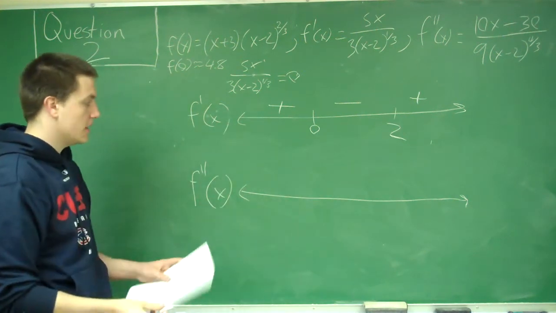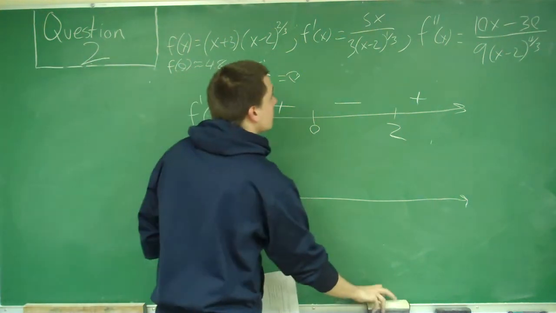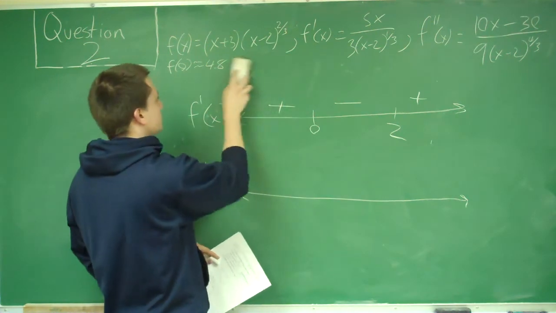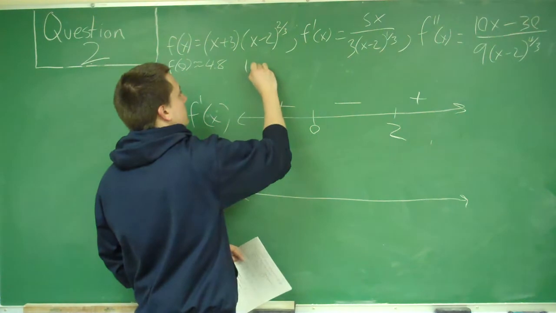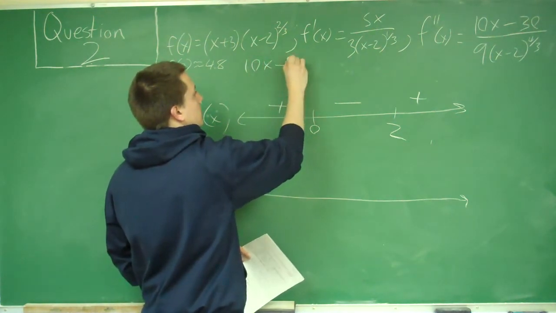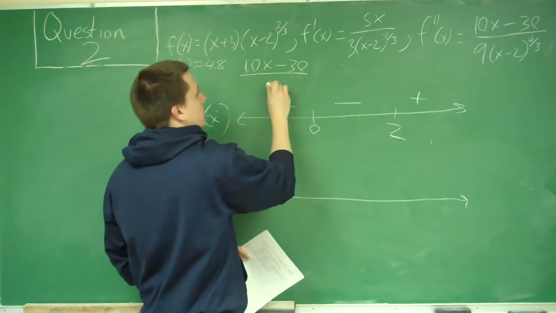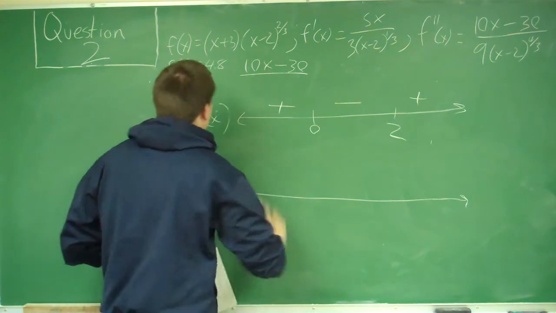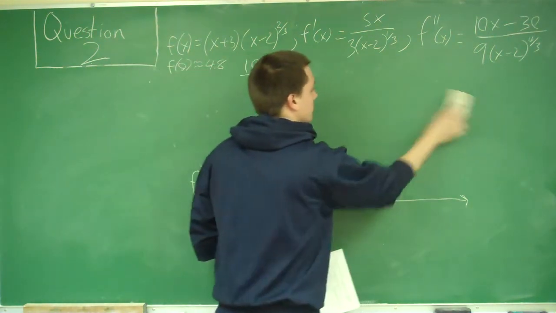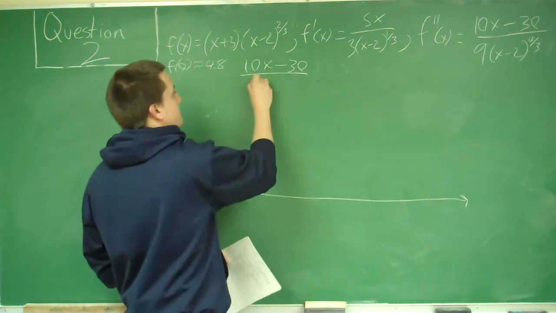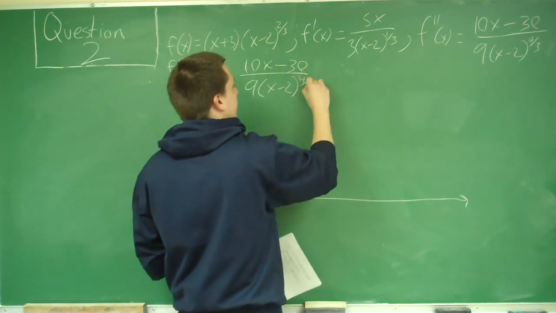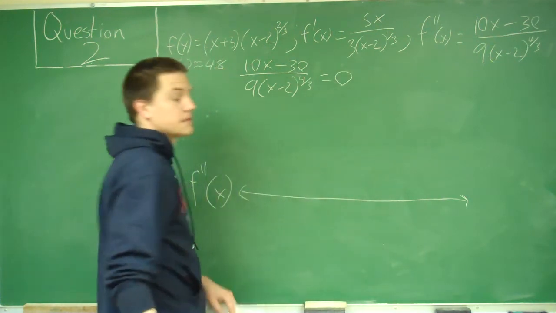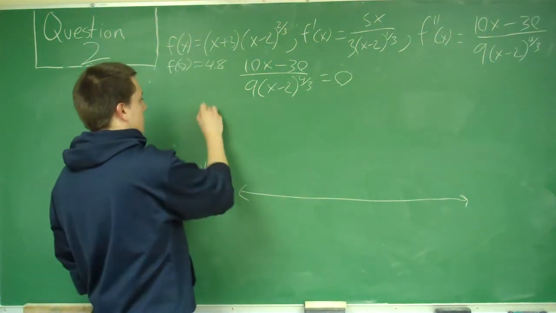Now we can look at f double prime. Just like in the previous one, you set f double prime equal to 0. First we can set the numerator equal to 0.